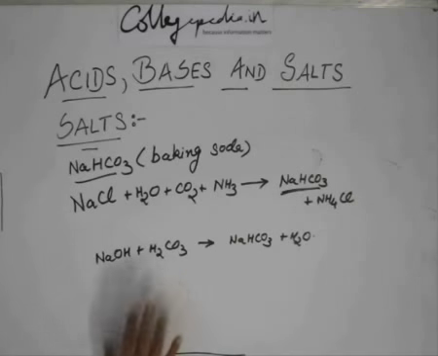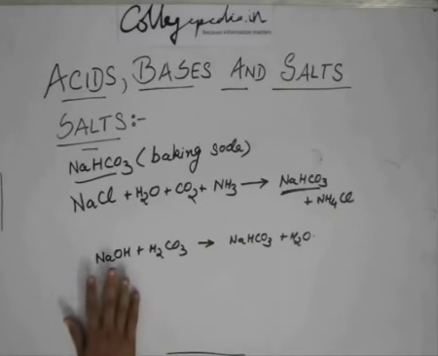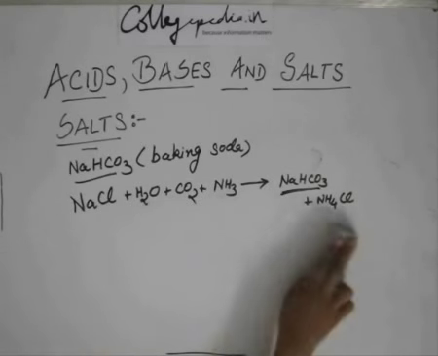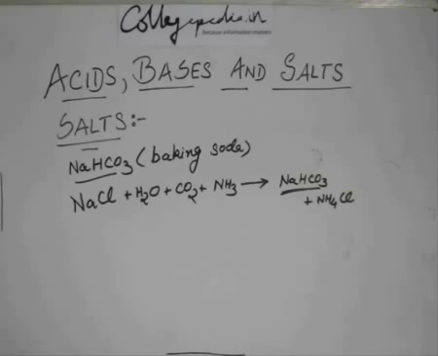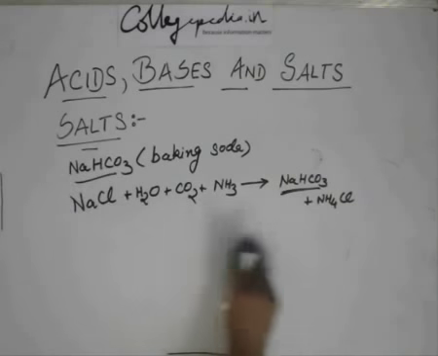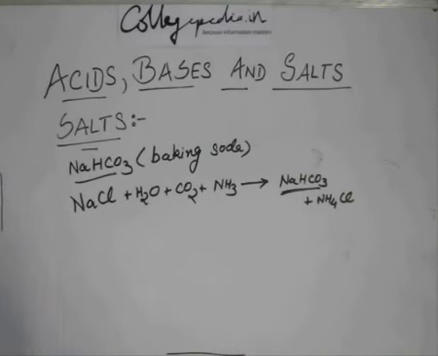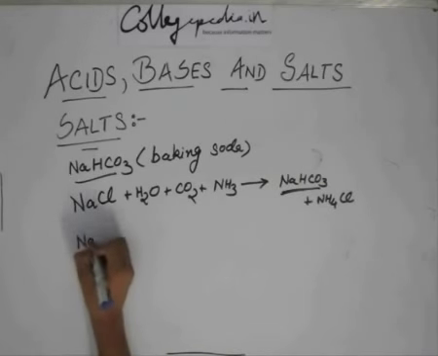H2CO3 is a very weak acid and NaOH is a very strong base, so this will be a basic salt. And NH4Cl, as we have seen, is an acidic salt because it is formed from NH4OH and HCl. So this is the formation of NaHCO3.